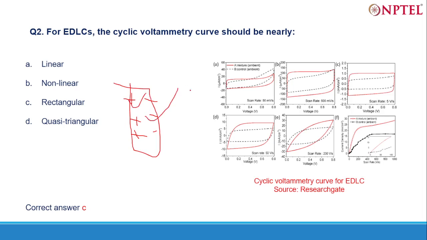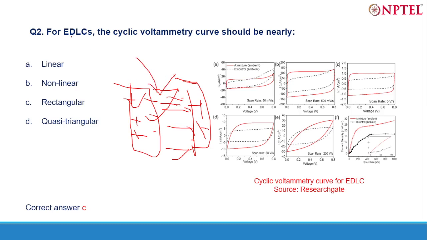That's why an EDLC is a capacitor with a double layer of charge. These are capacitor plates, then there will be a double layer of charge here, and in between is the electrolyte. In supercapacitors generally it is electrolyte; for a capacitor it is dielectric.